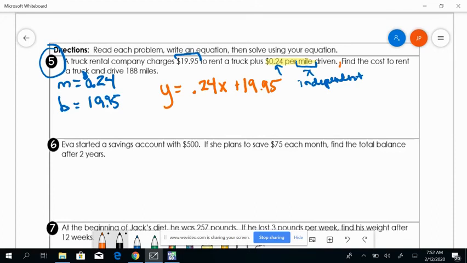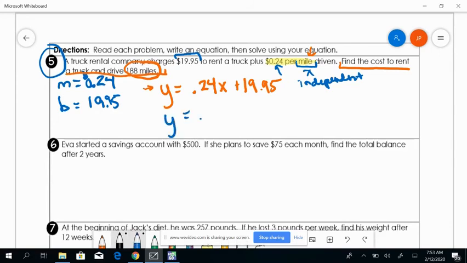Now the second part, find the cost to rent the truck and drive 188 miles. You're going to use this equation now to solve. So the number they're giving me is 188. We already said right here that 188 miles were our independent variable, our x. So I'm just going to take this equation I made and plug it in.